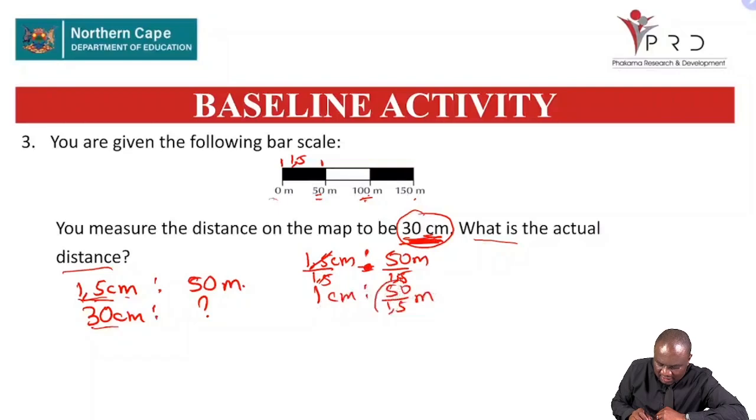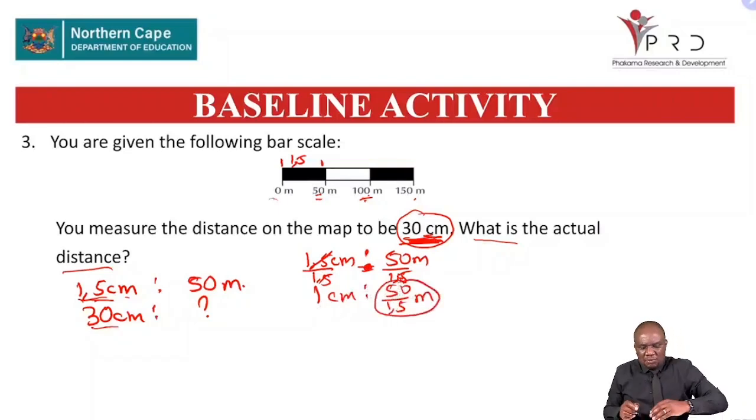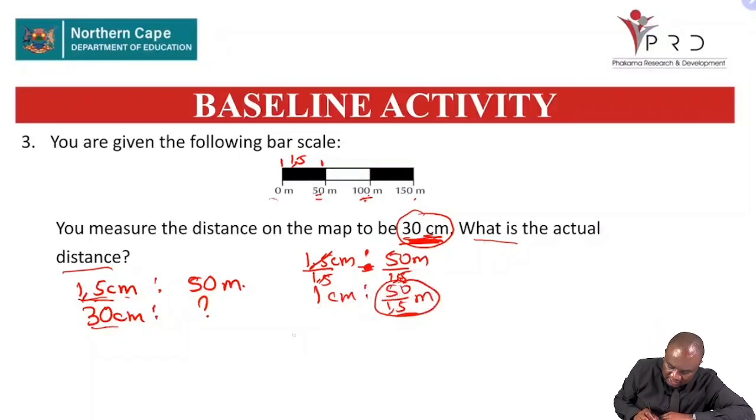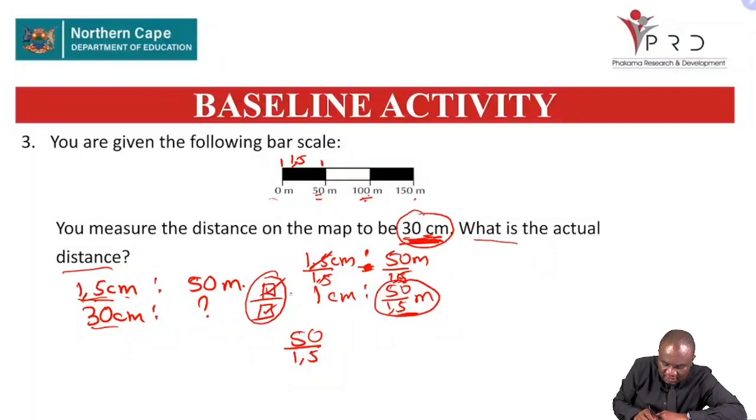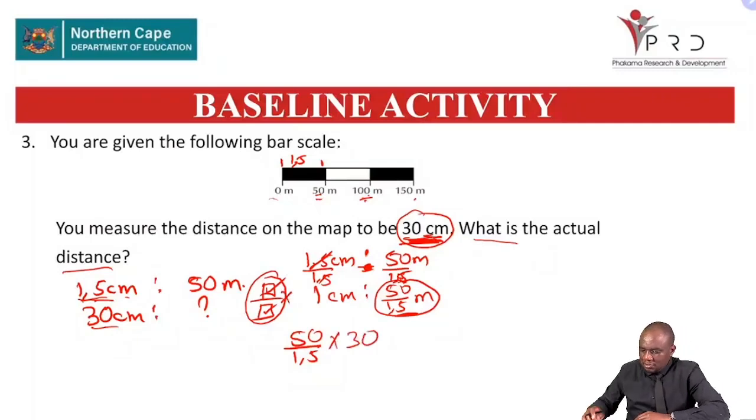If 1 centimeter is this, what about 30 centimeters? Then you just have to multiply this by 30. Okay, you just say 50 divided by 1,5. You can do that with your calculator. There's this fraction function in your calculator. You just put your 50 there, your 1,5 there, then move your cursor here so that you times 30, and then you get your answer.